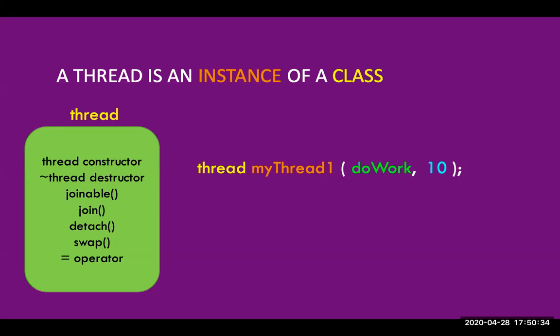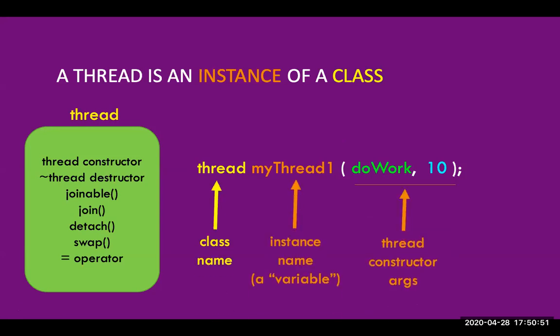And then the interesting thing about the way threads work is we pass in the arguments to that worker function afterwards. So if doWork needs 4 arguments, we're going to have 4 more arguments following the doWork name. Okay. So that's the class name, the variable name, if you will, the name of the instance, and then our arguments for the thread constructor, right? That's to construct the thread.